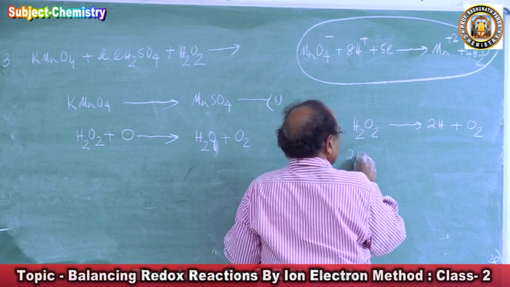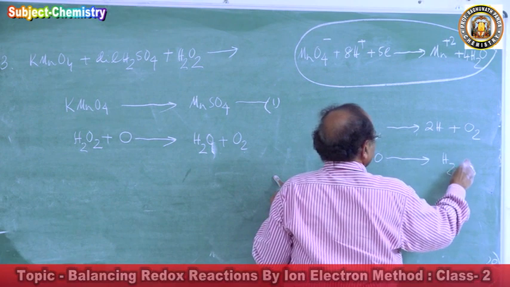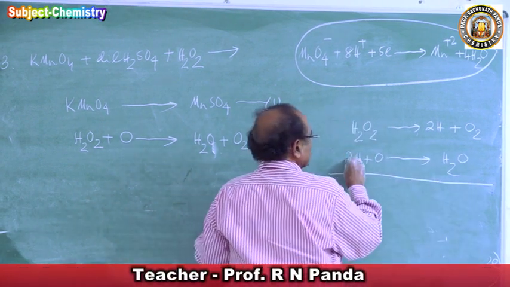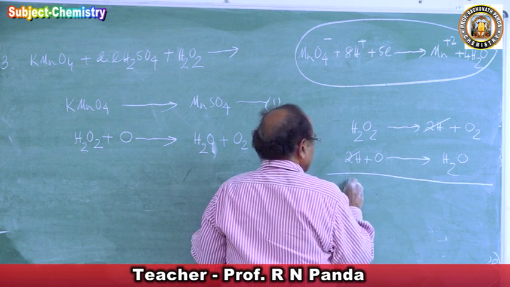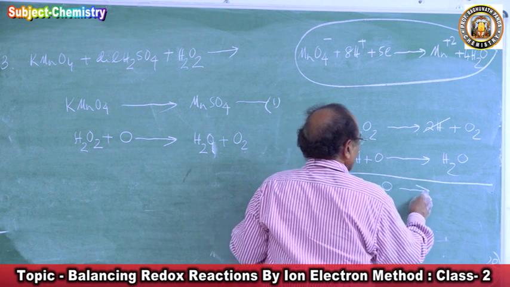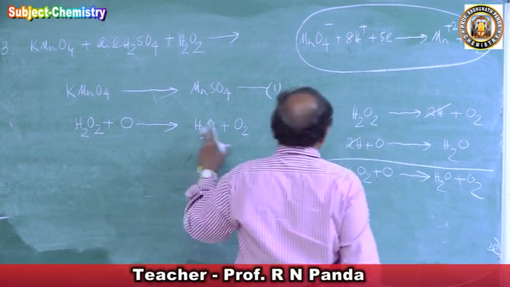This 2H of hydrogen peroxide reacts with oxygen to form water. So this is the equation for hydrogen peroxide. 2H cancels. So we'll get H2O2 plus O forms water plus O2.